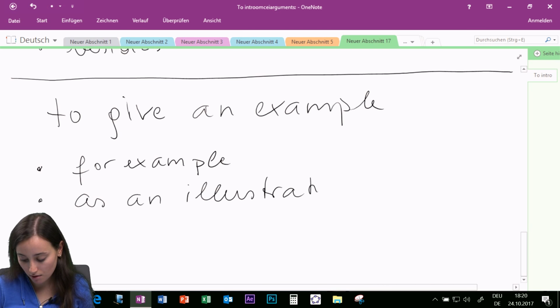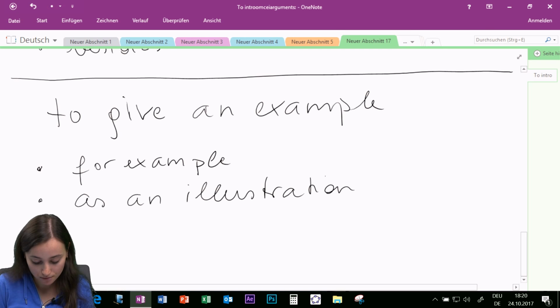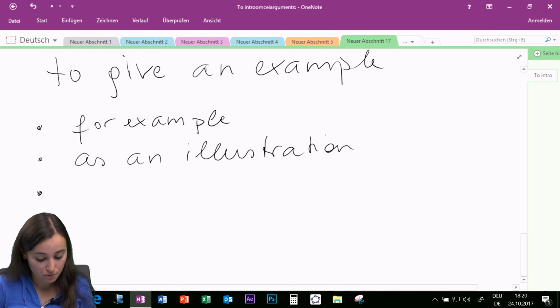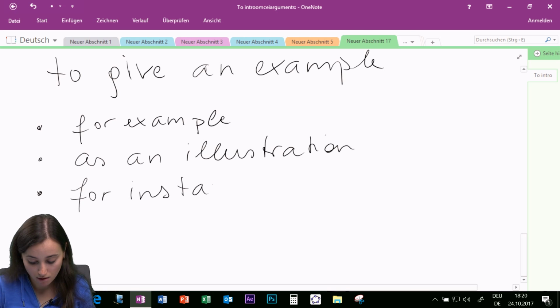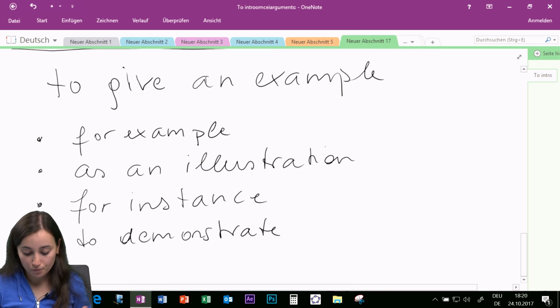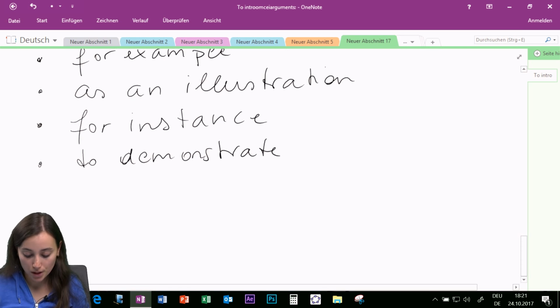Illustration. Then we have, for instance, and maybe the last one, to demonstrate. So if you have 3 of these examples, I think you're good to go in your presentation.